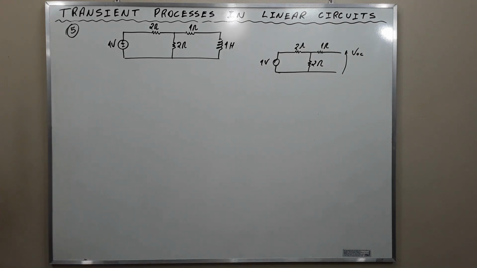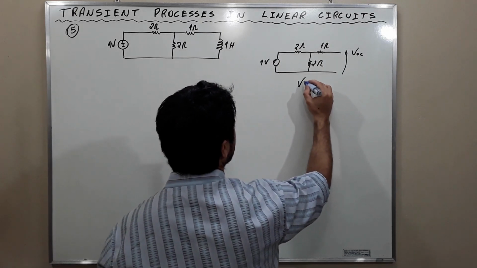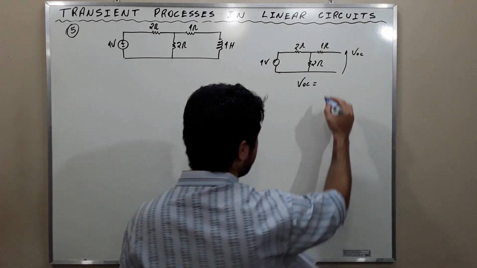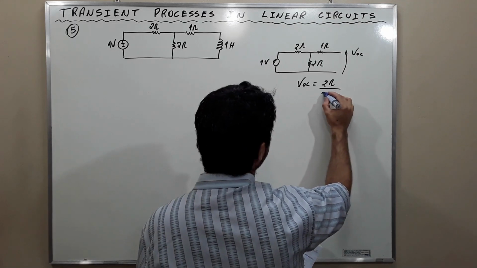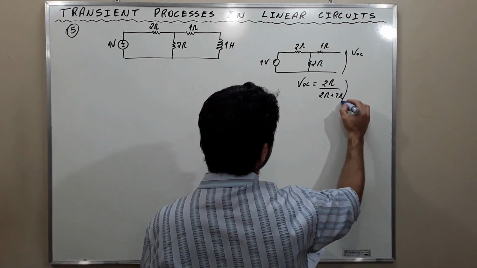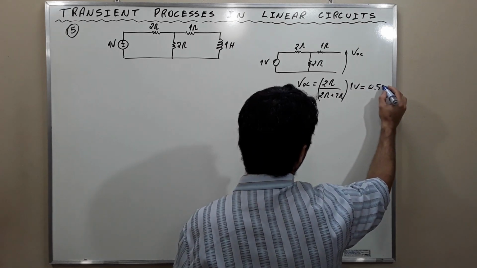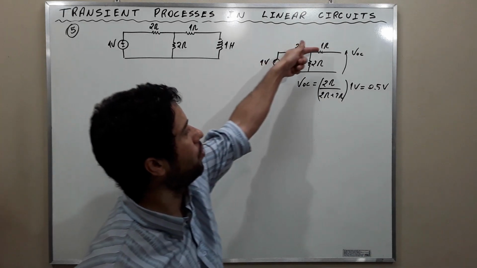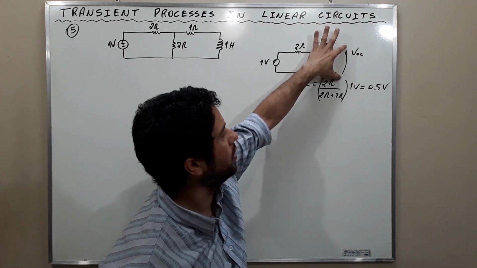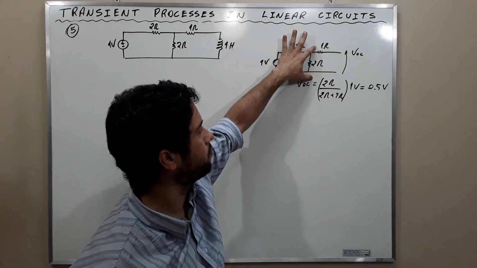We can immediately calculate the open circuit voltage by applying the voltage divider. As there is no current here, this voltage here will appear here on top of this resistor here.